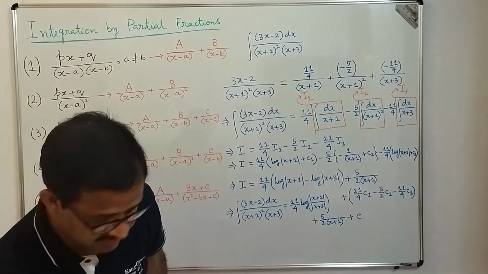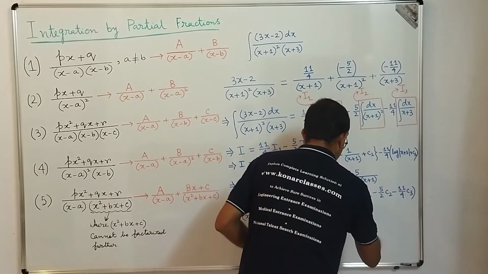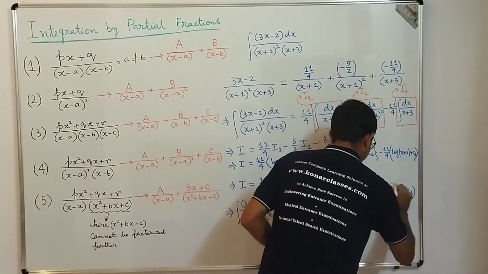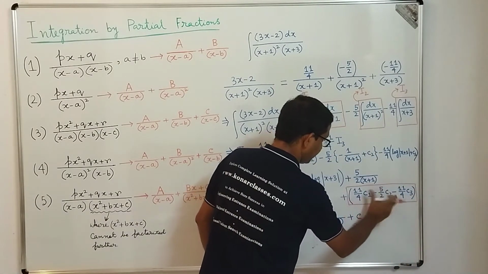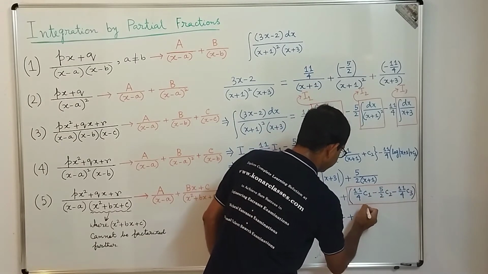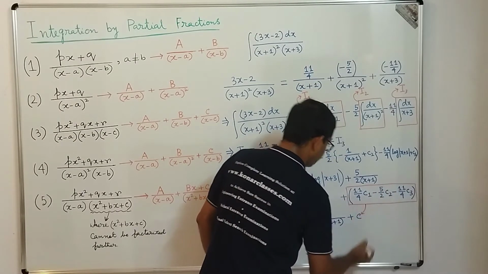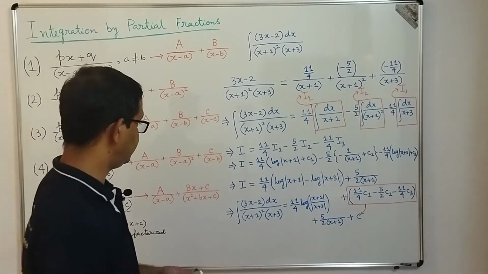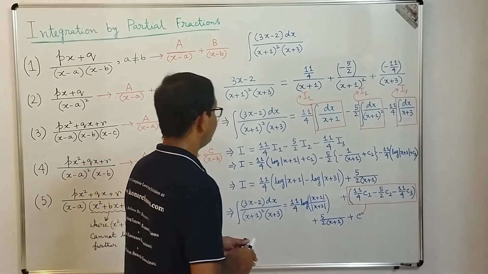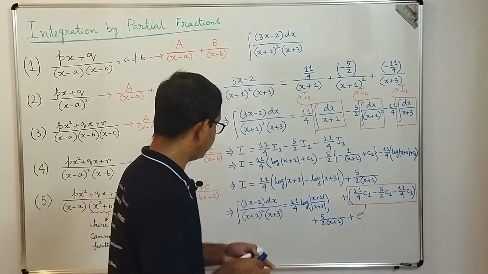So what I am saying, dear students, is that this c, the entire constant which is multiplied by a number, we are replacing by c. So this is another constant, c is an integrating constant. So what is the value of this entire integration we get, dear students?